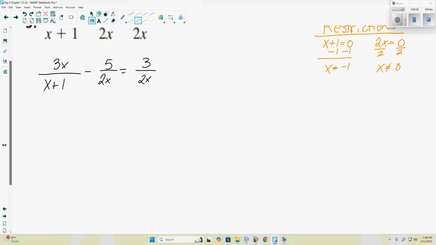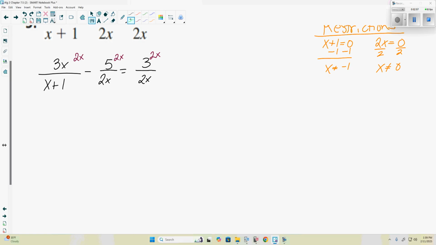Now we can start solving. We need to multiply by the least common denominator, our expression that's going to make the denominator simplify out. What is one of the terms that we have on bottom? 2x. So we can start off by multiplying everything by 2x. Now in the far left are 3x over x plus 1.